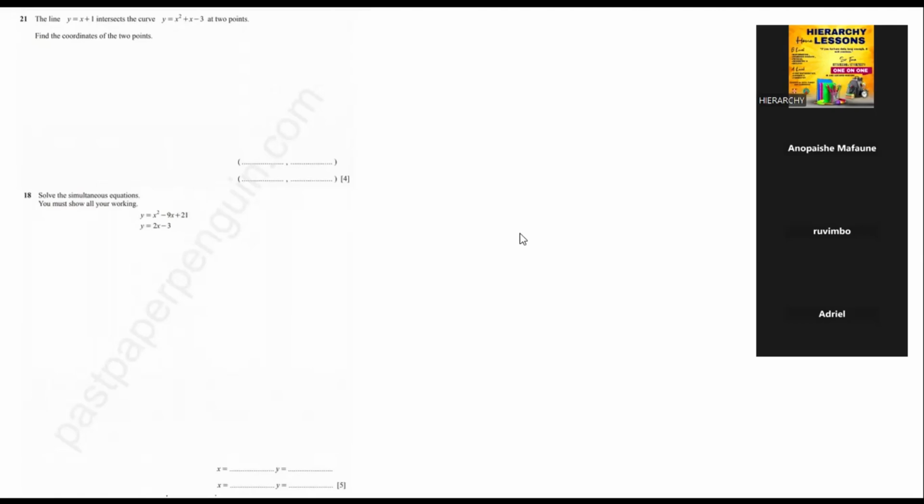So to find the coordinates of the 2 points, this is just a representation of what's happening. Remember, we have our quadratic equation. For those who did quadratics, graphs of quadratic functions are something like this.